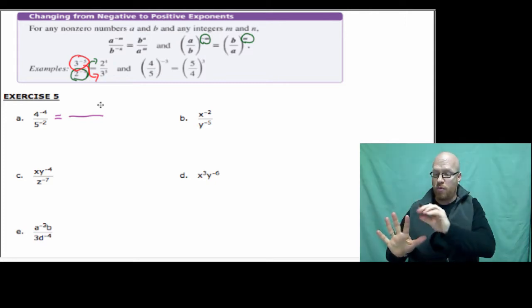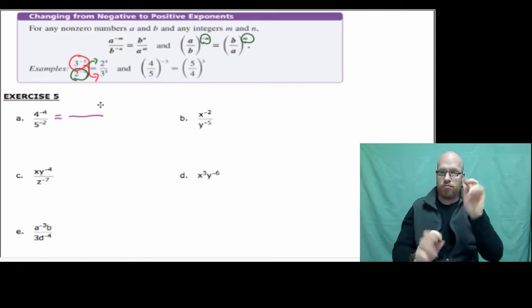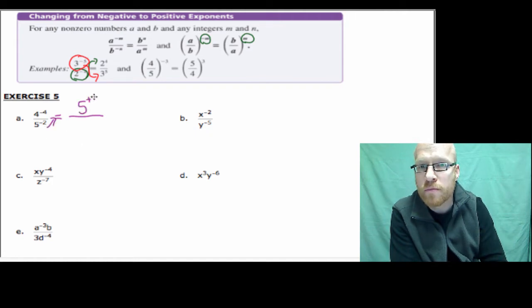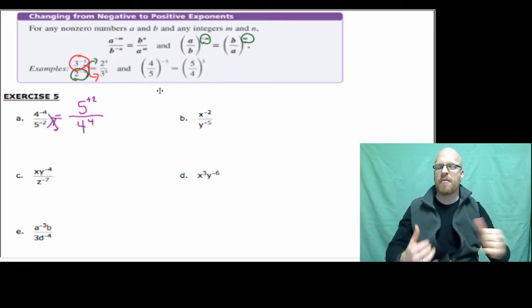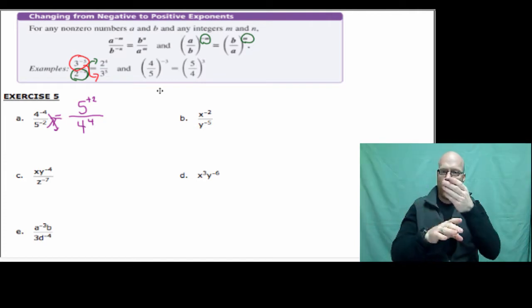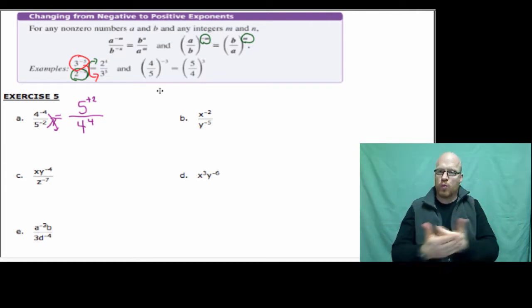So 4 to the negative 4 moves to the denominator and is 4 to the fourth, and then 5 to the negative 2 goes to the numerator and is 5 squared. I'm not going to multiply that now. I want to apply the rules right now and concentrate on that. It's 5 squared over 4 to the fourth.